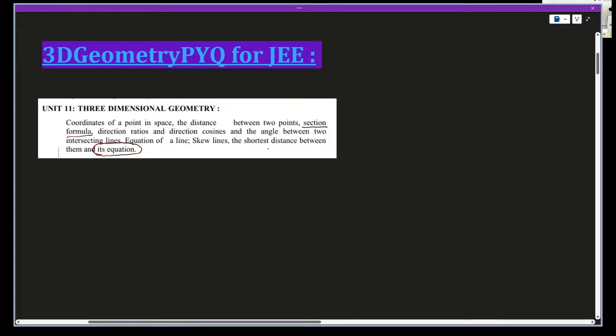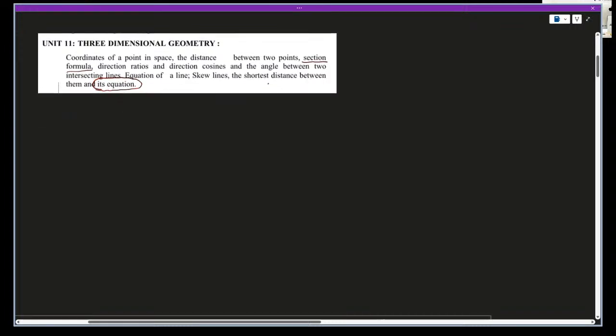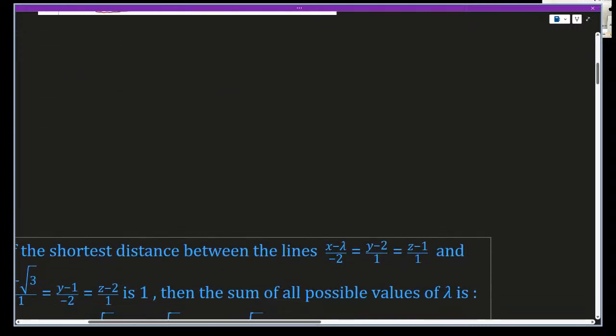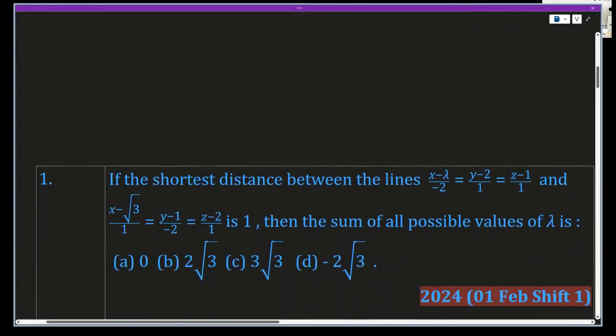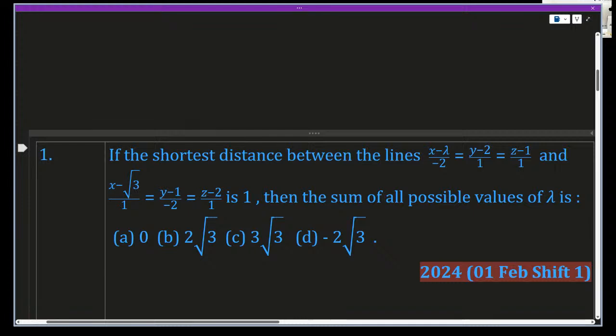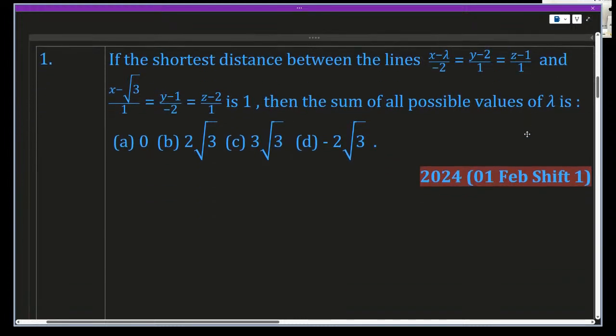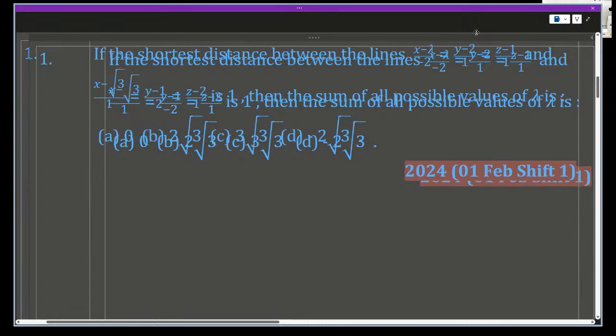Past year's questions I have analyzed. I have taken a few among them to discuss with you in today's class. Stay tuned till the end so that you get a clear idea how to prepare for JEE in 3-dimension geometry. Look at the first sum given here.